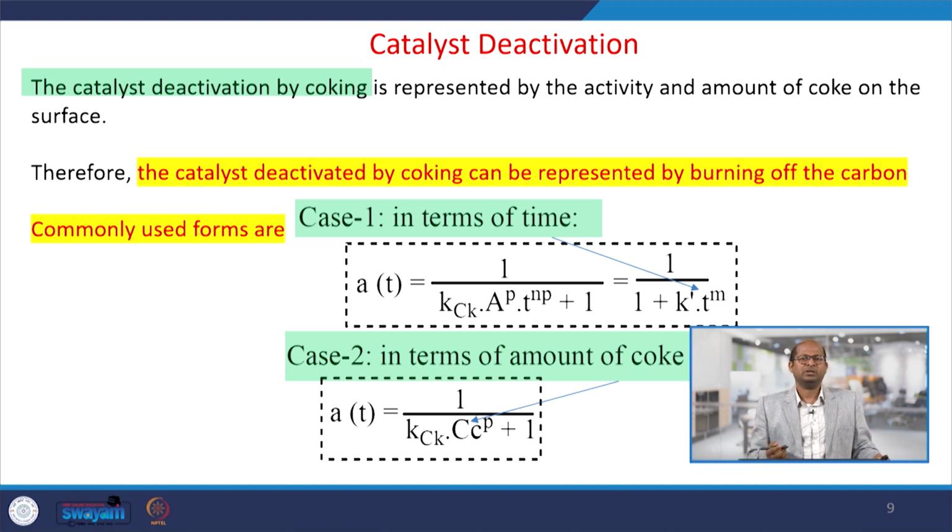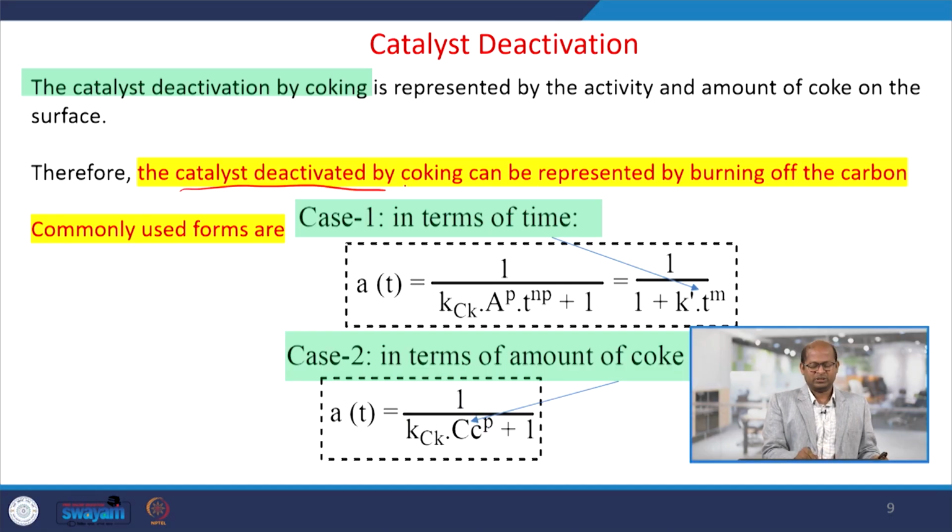When a catalyst surface has coke deposited, we can heat it up or regenerate that catalyst by passing air or oxygen at a particular temperature. Then the coke would be oxidized in the presence of oxygen and form CO2. In that way you can remove the deposited coke from the surface of the catalyst. Suppose you have a catalyst that is deposited with coke.